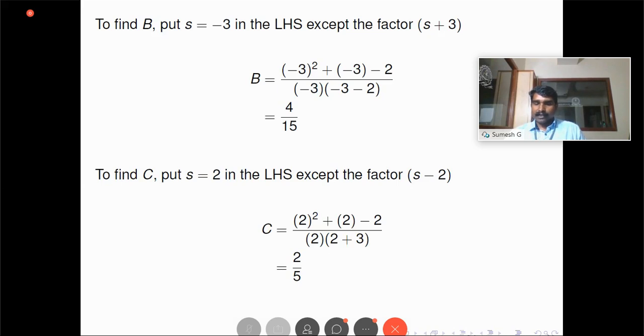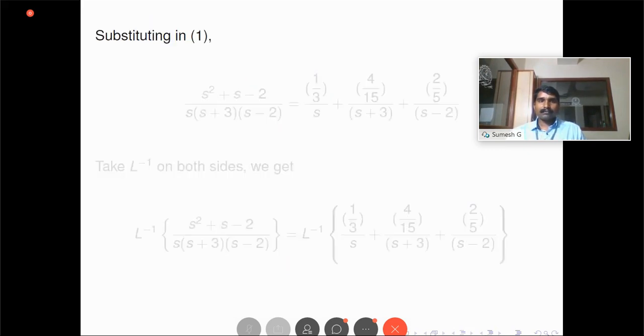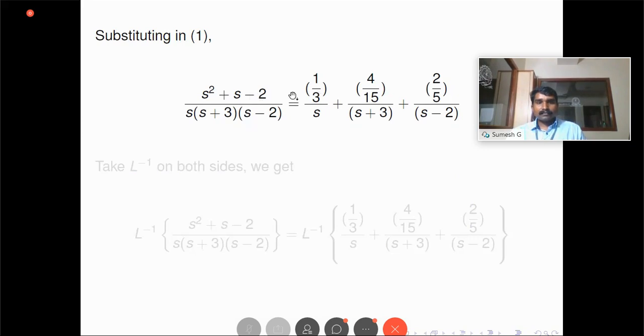These values can be substituted in equation 1. We get 1 by 3 by s plus 4 by 15 by s plus 3 plus 2 by 5 divided by s minus 2.